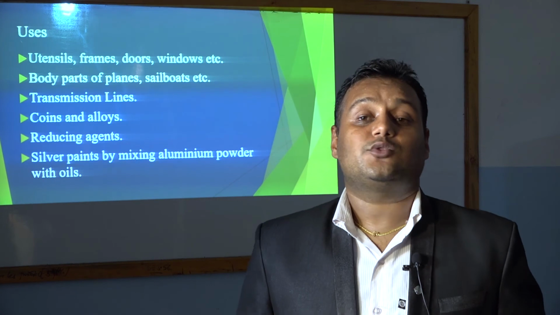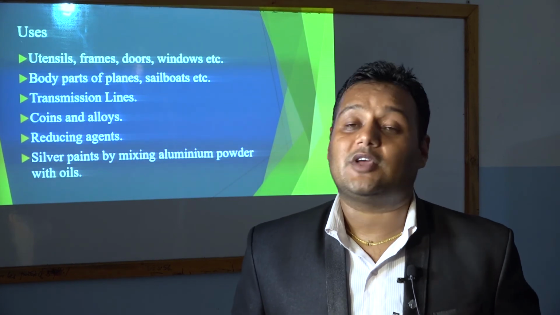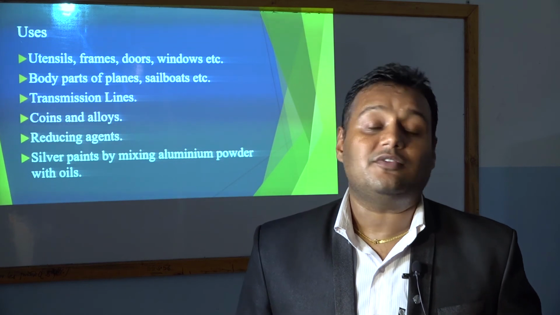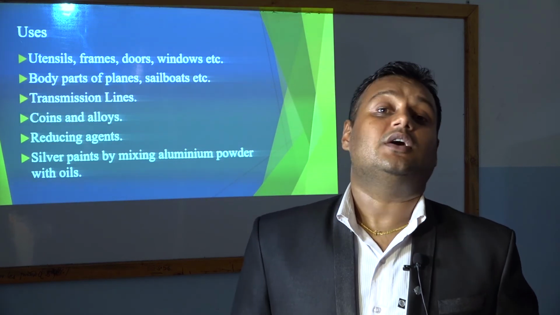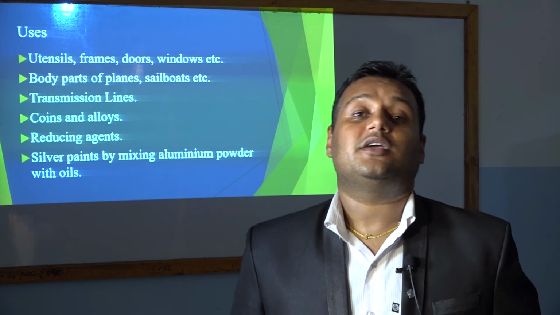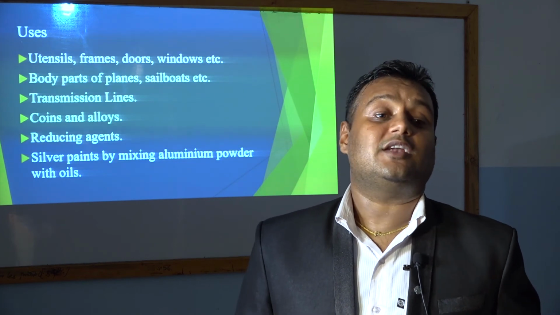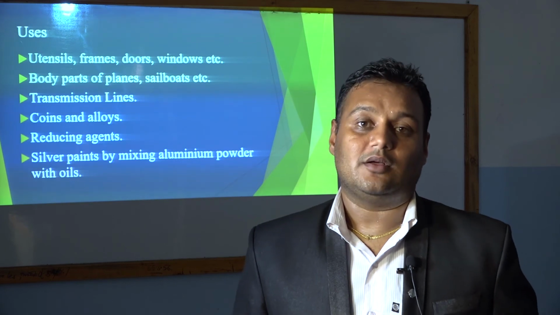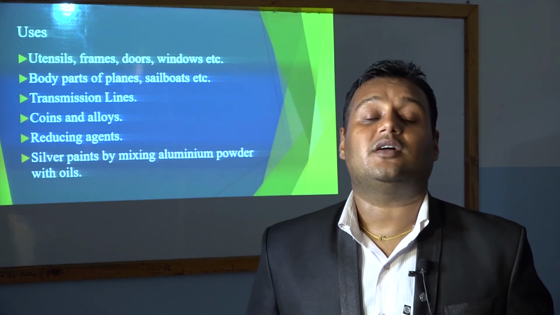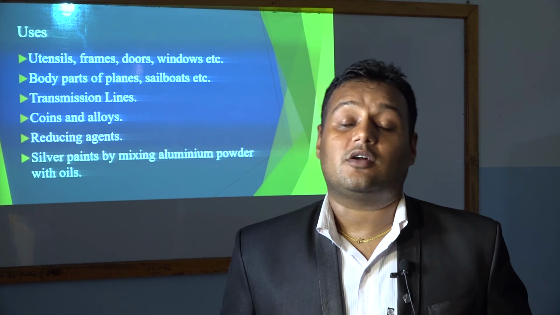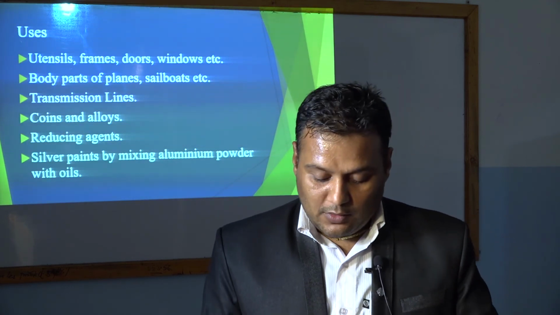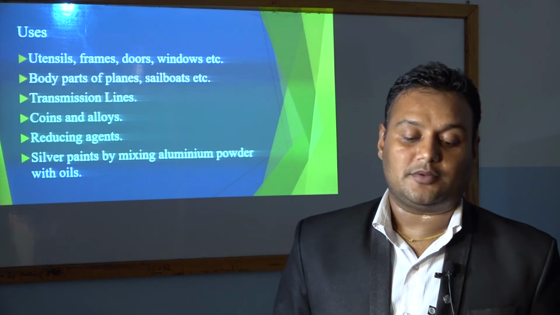One is weight, so that it can be carried from one point to another, and another is better conductivity of electricity. In transmission lines, you have seen on bigger poles, the naked white wires used at higher voltage levels. This is because they are better conductors of electricity and they are lighter, so that they can be carried from one point to another.